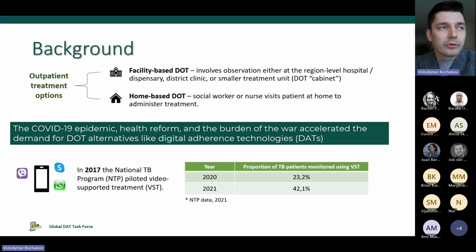Another treatment model was home-based DOT, when a social worker or nurse visited the patient at home to administer treatment and deliver TB drugs. But this second outpatient treatment option was limited by the funding.